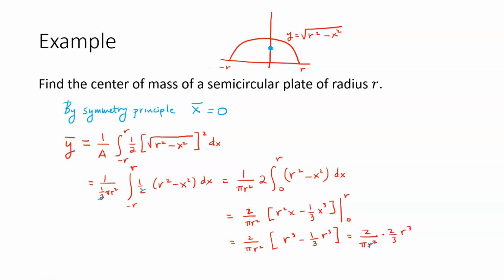And then here, r squared divides with r squared, leaving me with one more factor of r. So we have 4r over 3 pi, which is where the y-coordinate of our centroid is located. So in this case, (x bar, y bar) will be the point (0, 4r over 3 pi).